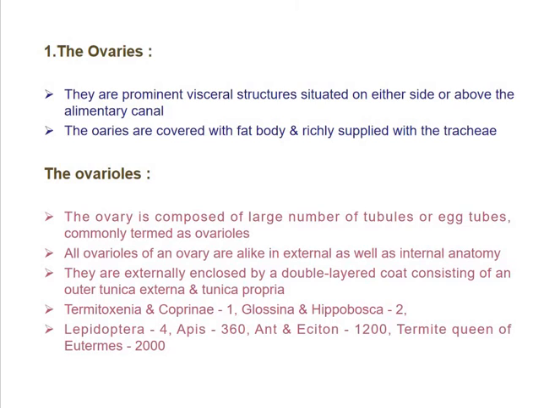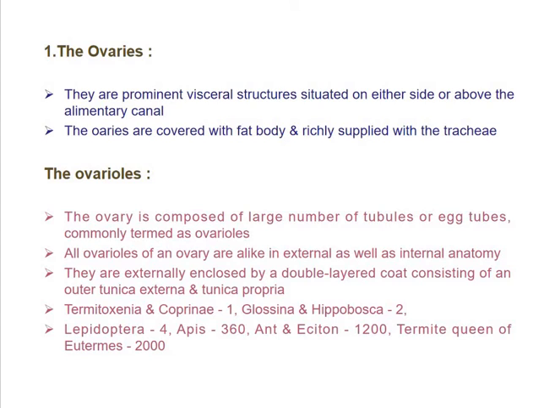The ovaries are prominent visceral structures situated on either side of or above the alimentary canal. The anterior end of each ovary gives out a long thread-like suspensory ligament, of which the other end is attached to the dorsal body wall or dorsal diaphragm.